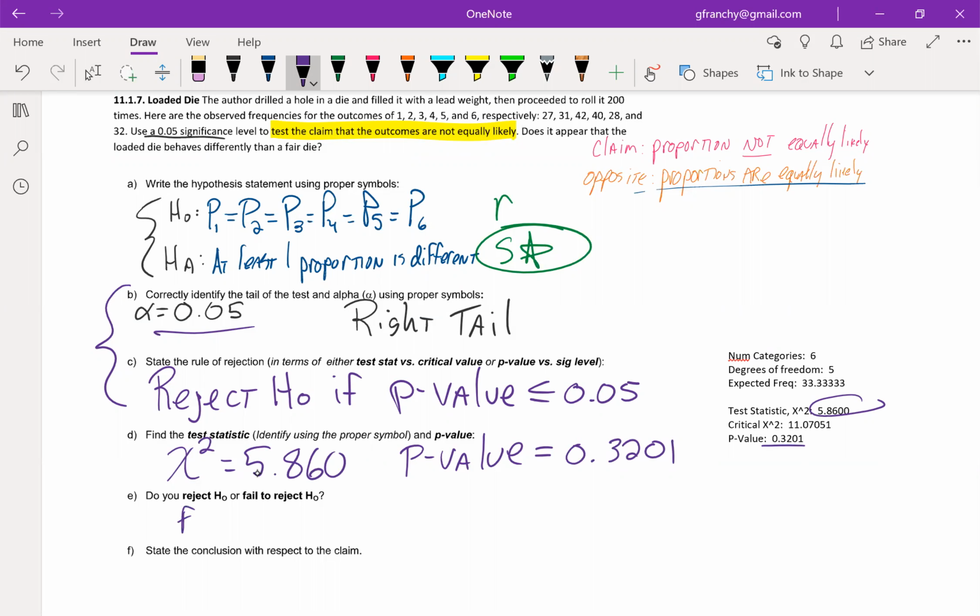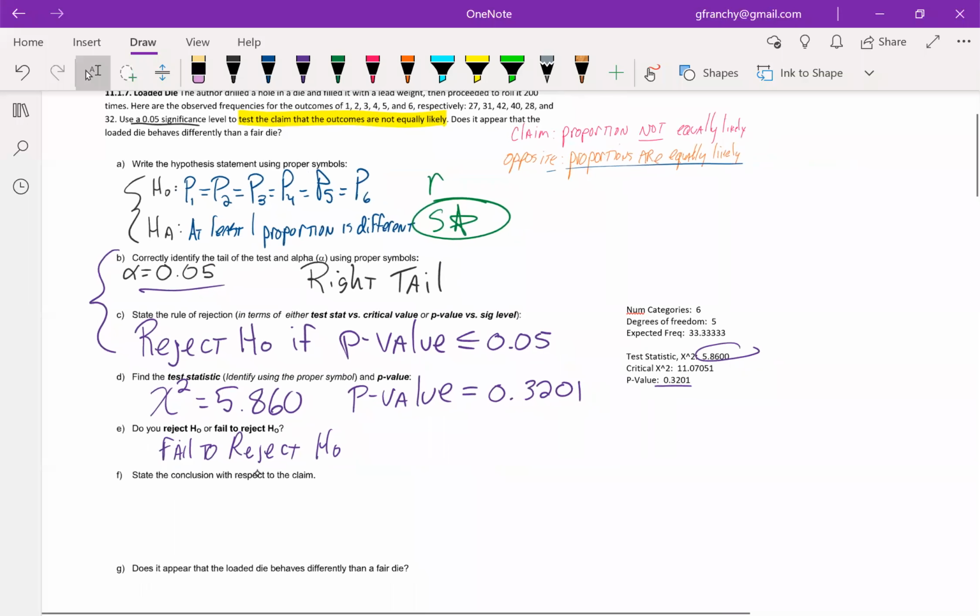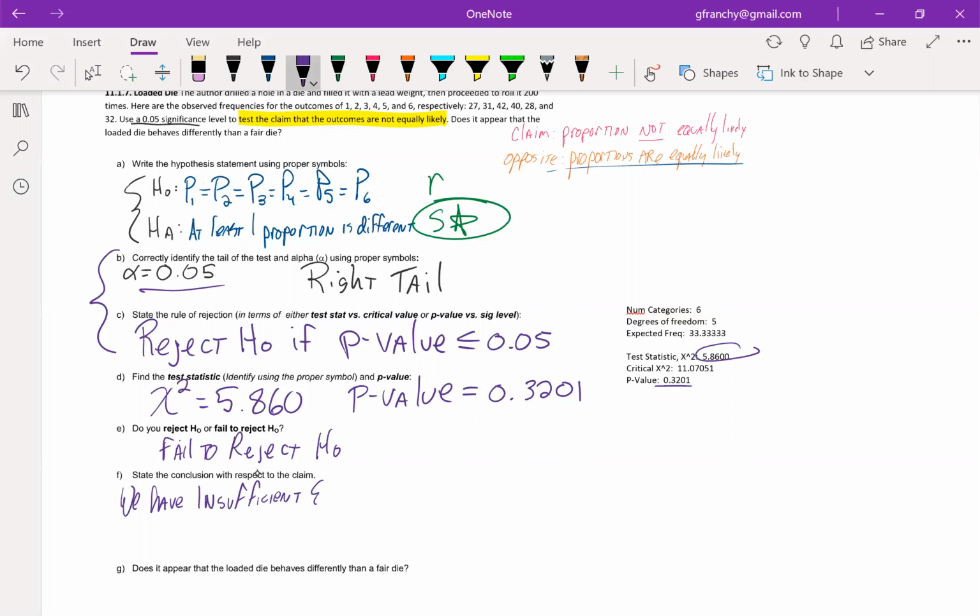So we fail to reject the null hypothesis. And when we fail to reject the null hypothesis, we have insufficient evidence to do whatever we're going to do.